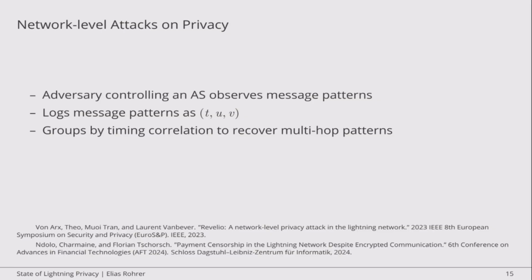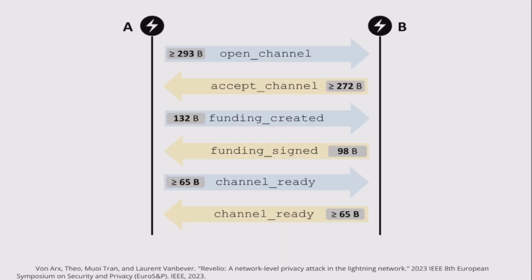They can therefore classify what probably happens and who sends to whom at which timestamp, if that makes sense, and what is probably happening. In particular, this exploits a weakness of the Lightning protocol, the fact that we currently don't pad network messages.